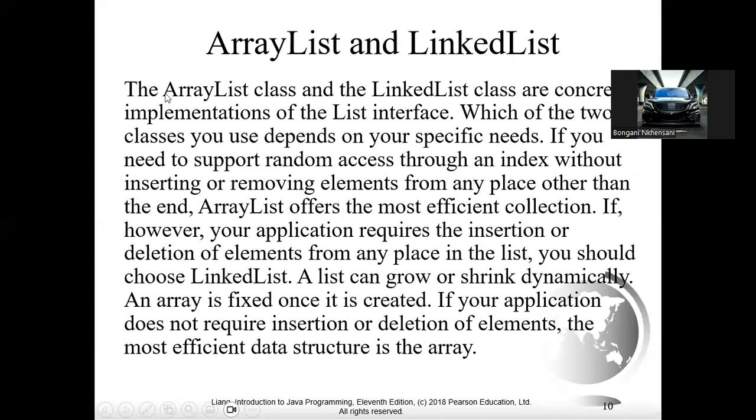What else? A list can grow or shrink. An array is fixed once it is created. This is one of the advantages, and it also falls under the disadvantages of an array. We've discussed this. If an application does not require insertion or deletion of elements, the most efficient data structure to use is an array.